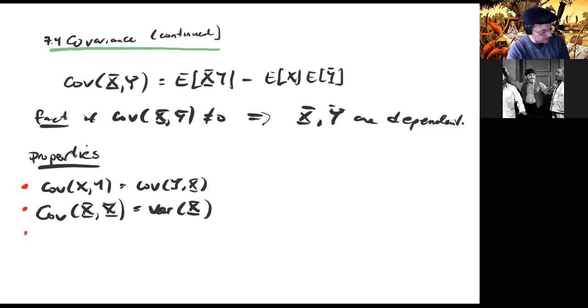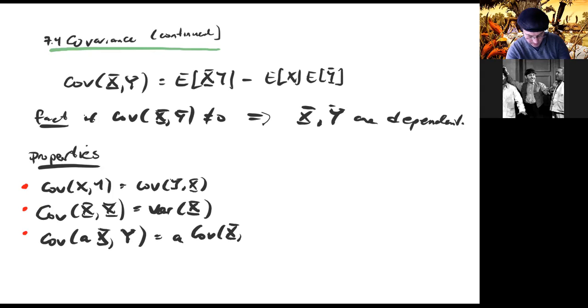Property three is if I take the covariance of a number a times x and pair it with y, then I can bring the a right through to get a times the covariance of x and y. By the way, you can put that a in the other variable because of the first property.